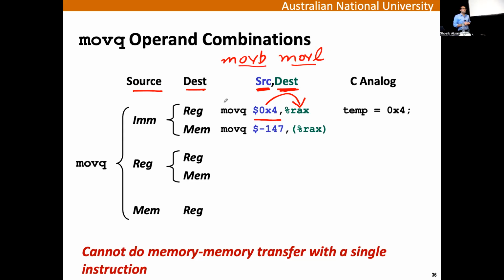There are 4 variants of the move instruction: movq, movb, movl, and movw, to tell the assembler how many bytes I want to move. Here, I'm using the full register RAX, so it will treat the 0x4 as a 64-bit number.